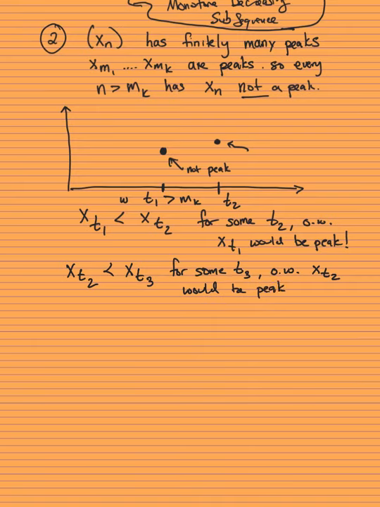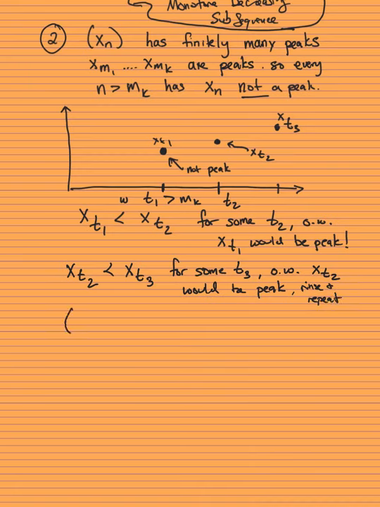So here's x sub t1, x sub t2. I keep going. This isn't a peak, so I have to find some x sub t3, which is even larger, and that's your subsequence. Rinse and repeat.